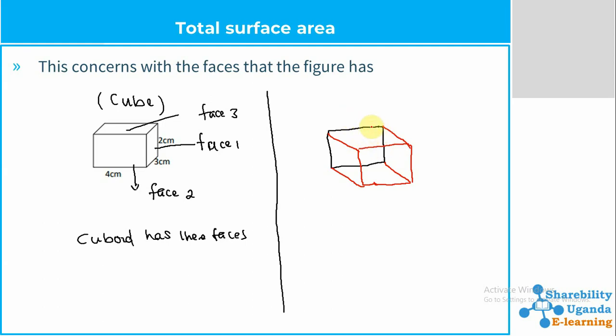Let's start naming. If we first start with the one which is up, this is going to be our face 1. Remember, this has another one opposite to it, so we say times 2.